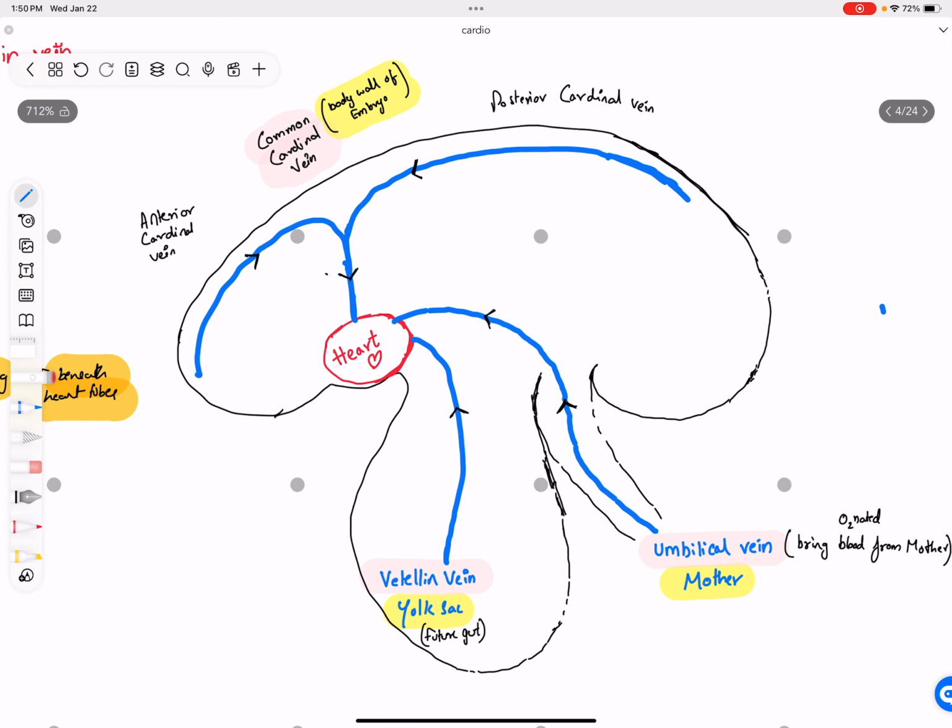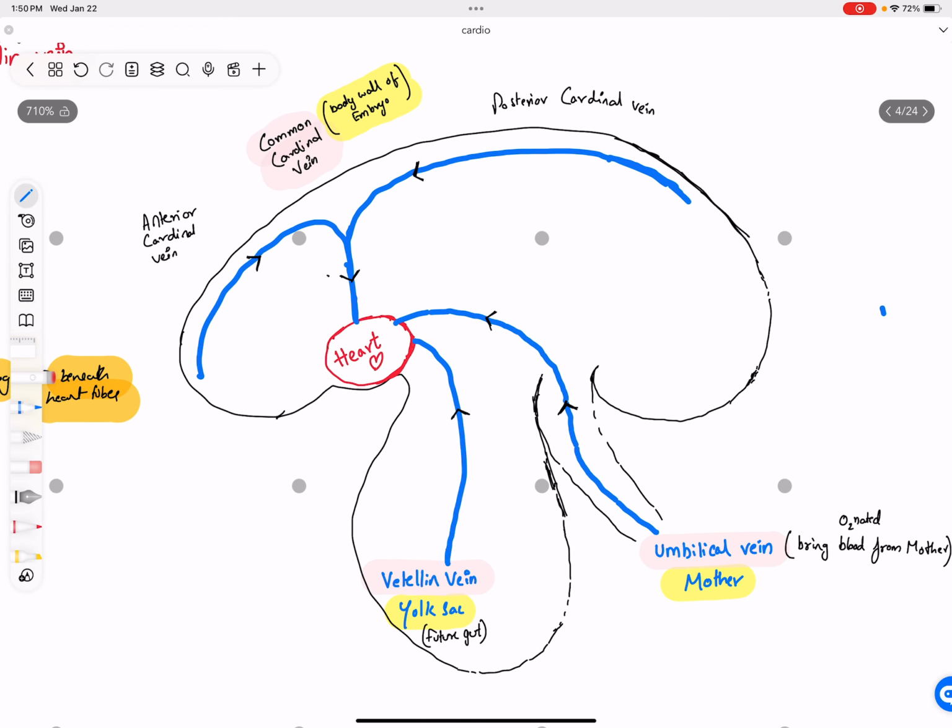And the cardinal veins are major venous channels in the embryo. There are anterior cardinal veins and posterior cardinal veins. Anterior cardinal veins become the superior vena cava.